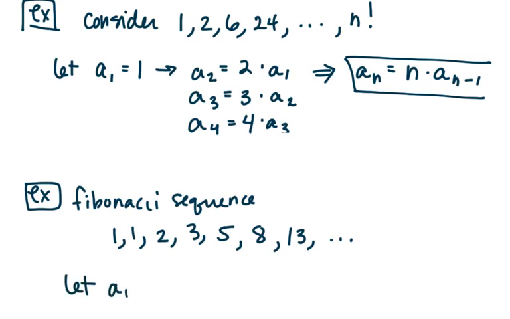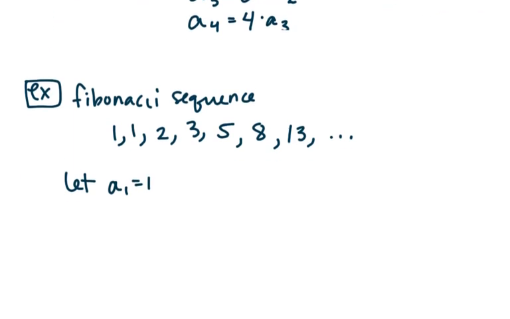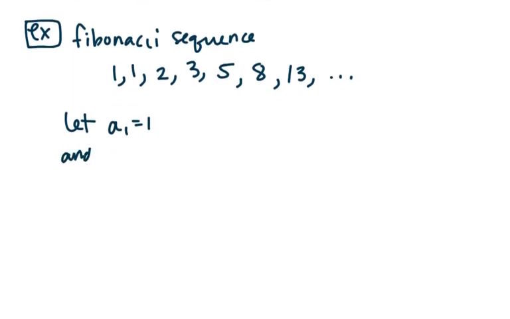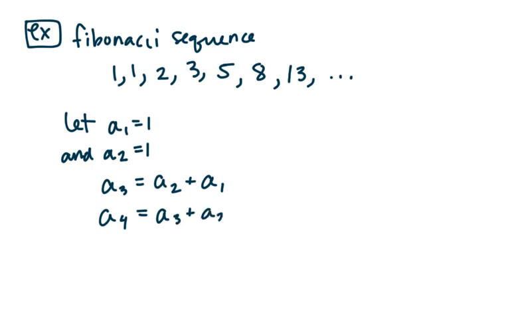We need to let a sub 1 be 1 and a sub 2 be 1. So in this situation, a sub 3 is a sub 2 plus a sub 1. A sub 4, which is 3, is a sub 3 plus a sub 2. A sub 5 would be a sub 4 plus a sub 3.